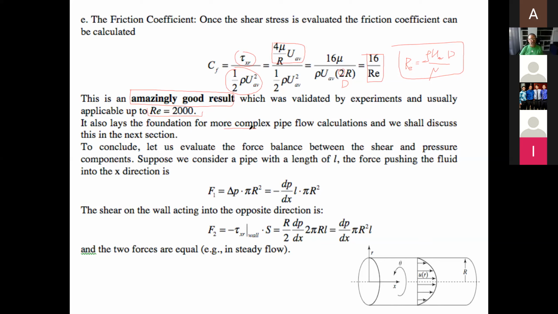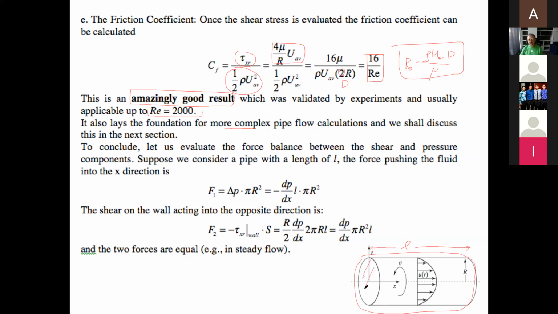So the final trick, we did that again in the case of the flow between parallel plates, just to see the power, the force balance. So here is a piece of pipe of length L. And I put everything in a control volume. And the control volume is, of course, stationary. So I'm trying to figure out what are the forces.